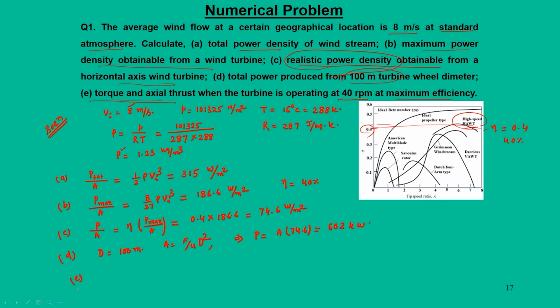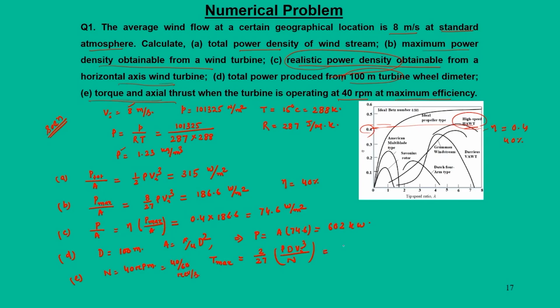And next term is torque and axial thrust at operating speed of 40 rpm. So, N is your 40 rpm. Then we can find out the expression for T max. So, the T max expression goes like this, that is 2 by 27 rho D Vi cube divided by N. So, rho is given, D is given, N is 40 rpm, that is 40 by 60 revolution per second.